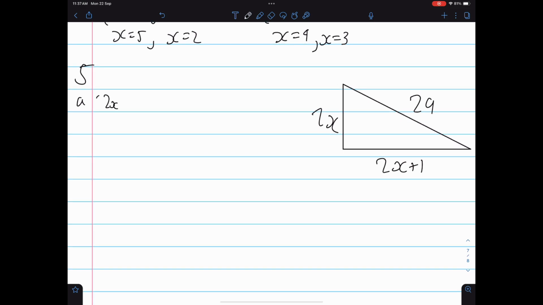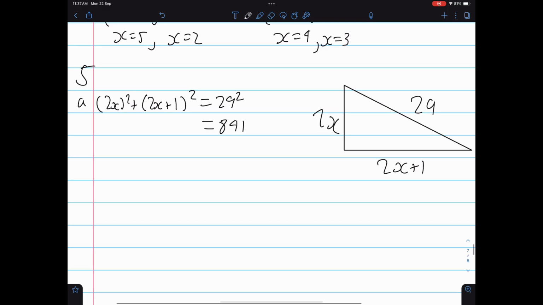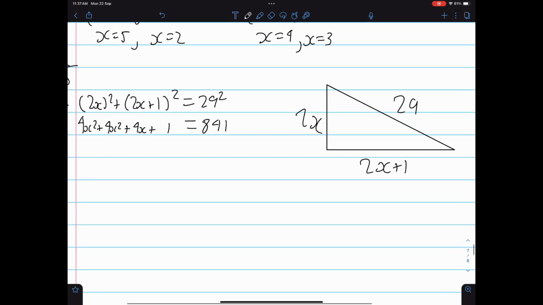So we should be saying that 2x squared plus 2x plus 1 squared is equal to 29 squared. That's equal to 841. This is 4x squared, and this is 4x squared plus 4x plus 1. So that gives us 8x squared plus 4x plus 1 is equal to 841.